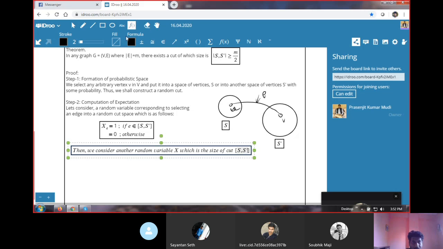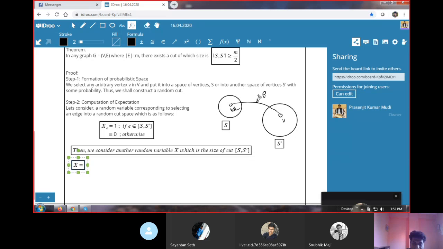Okay. So then we can write that x is simply the number of edges belonging to the cut. So we randomly select a set of edges and check whether that edge belongs to the cut or not.